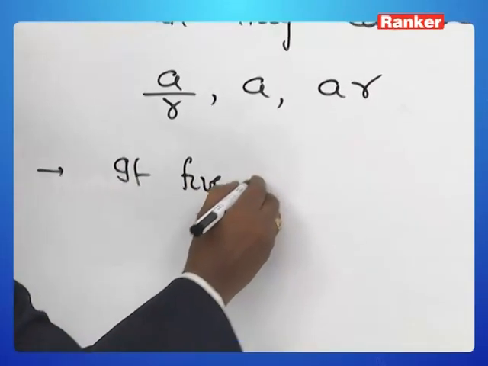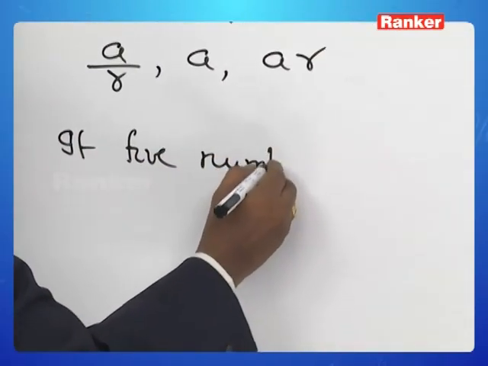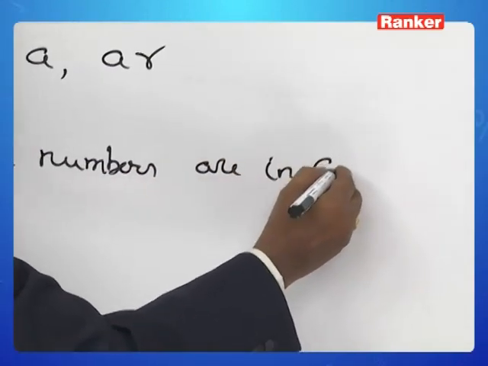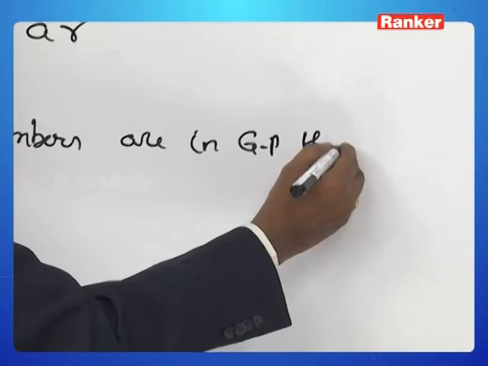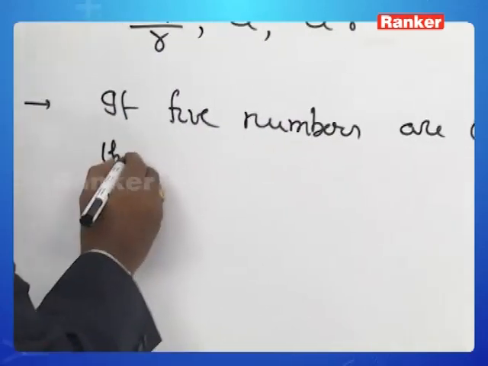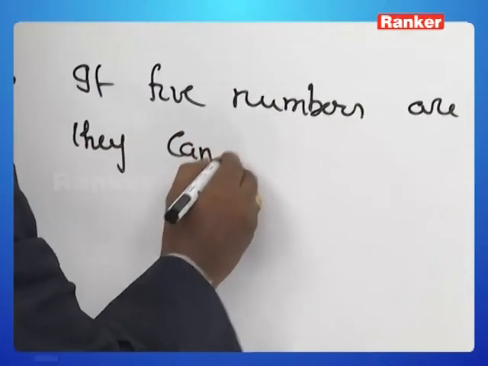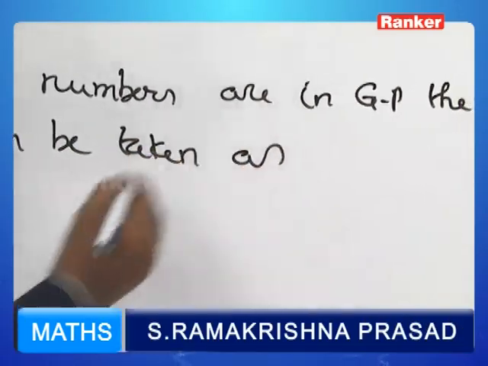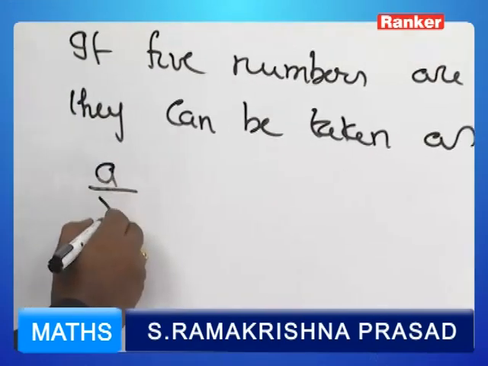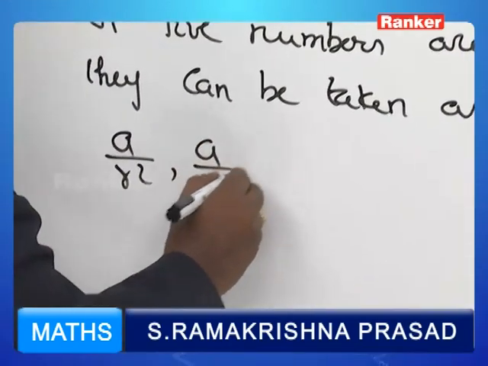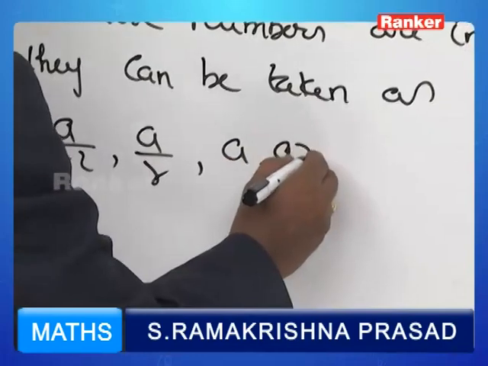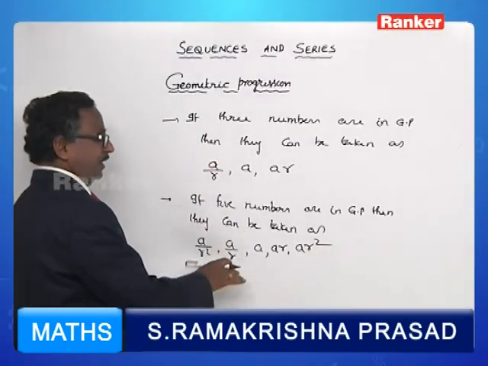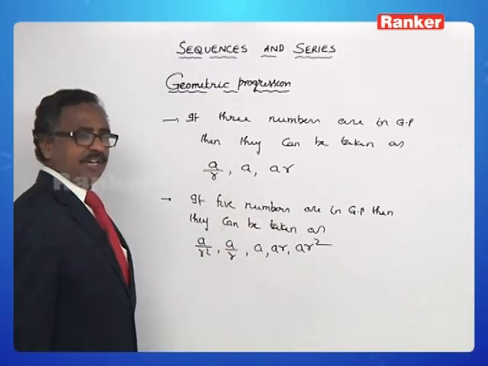If 5 numbers are in GP, then they can be taken as A by R square, A by R, A, AR, AR square. These are the 5 numbers that are in GP, and those are the 3 numbers which are in GP.